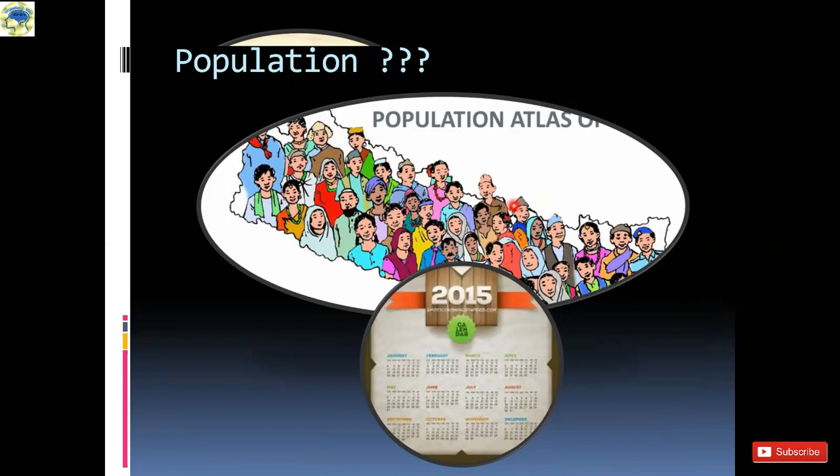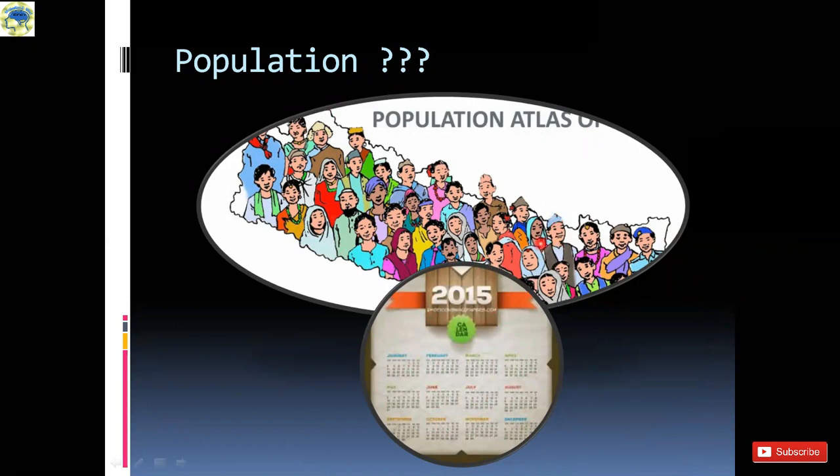Now let's think about population. What is population? At first you have to think about it. Look here, you can see the picture. Many people, different types of people are living there in a boundary of Nepal, and there is a 2015 calendar. So why I included this is to define population, we need three things.